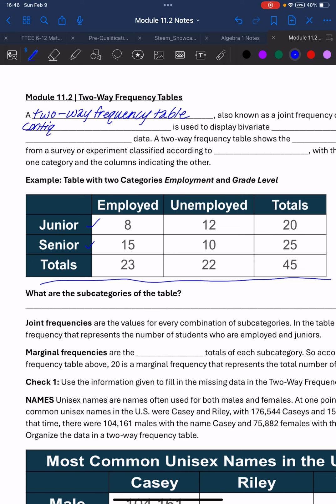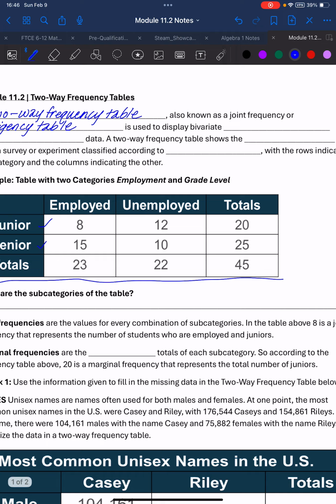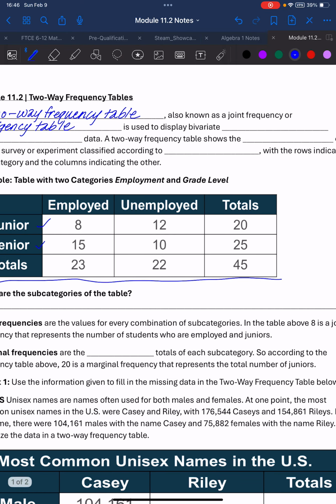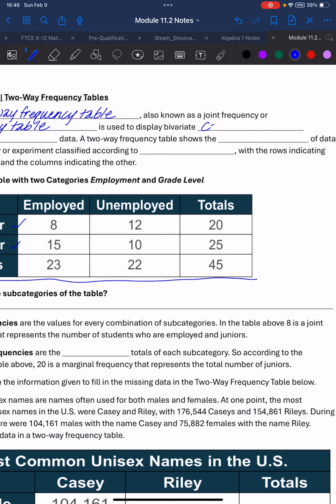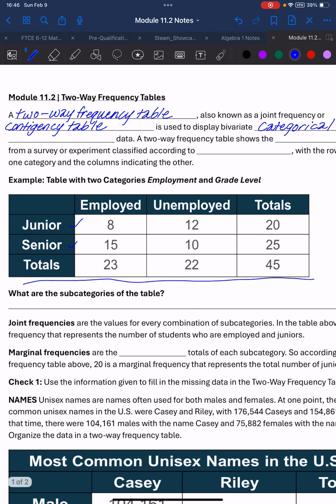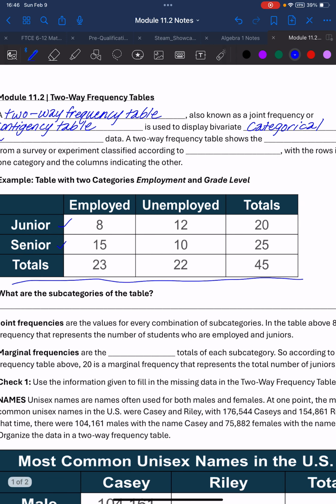Okay, so two-way frequency tables are used to display bivariate categorical data. Okay, so you can put it here or you can put it down here. Same thing. It's a little typo there.